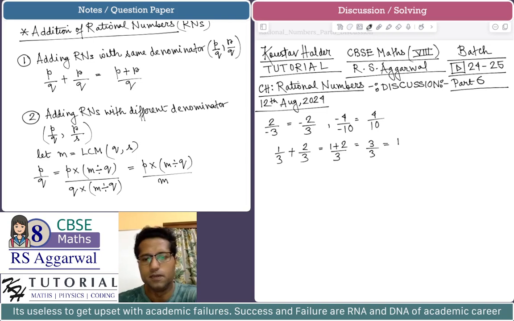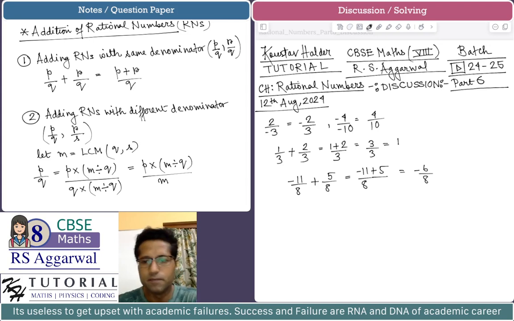Another example could be minus 11 by 8 plus 5 by 8. The denominators of both the rational numbers are the same, which is 8. So in the result, the denominator remains the same and we just add up the numerators. So this becomes minus 11 plus 5. This is minus 6 by 8.